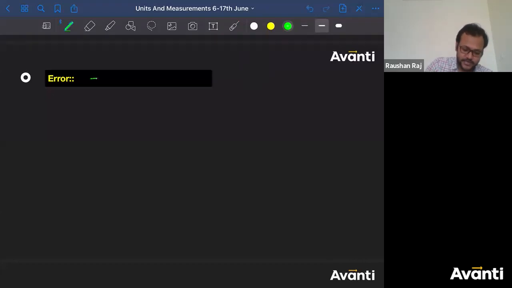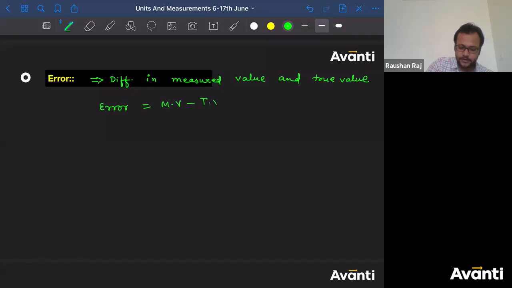So error can be written as the difference in measured value and true value. So I will write error will be equal to measured value minus true value.